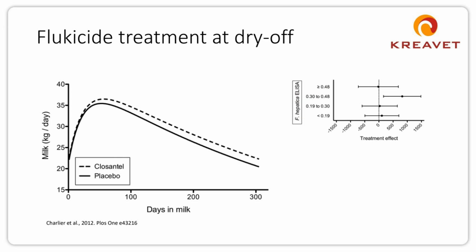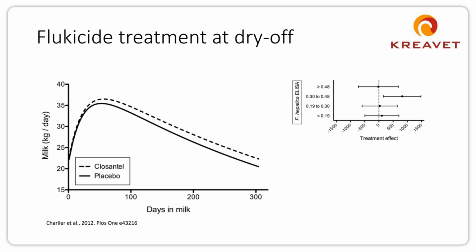The same for liver fluke. We also did a study where we showed that treatment at dry off could result in a clear production benefit, and also resulted in lower, at least in that study, infection levels in the herd.